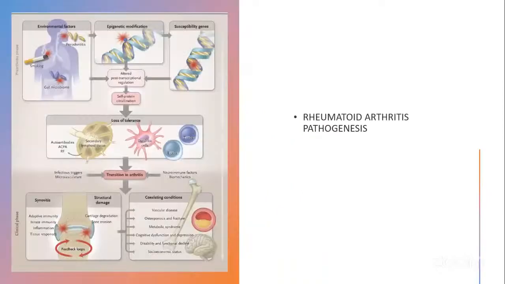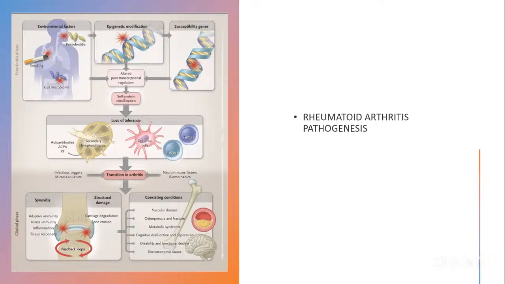And this is just showing us the broad overview of what happens in patients with rheumatoid arthritis. It is an interplay of genetic susceptibility and changes in the environment. Some people have talked about infection, gum infection. Some people have talked about increased risk in smokers, and all this with alteration in genes leads to rheumatoid arthritis.